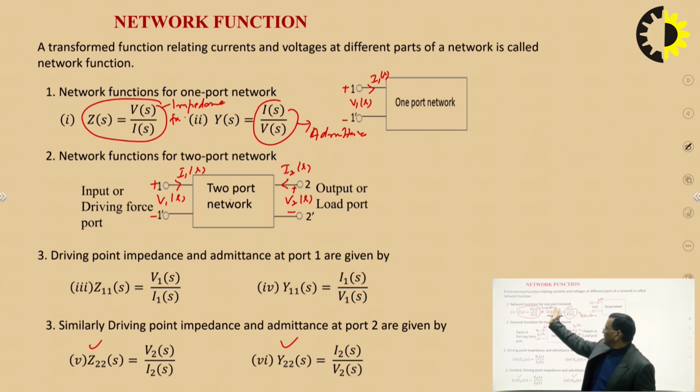Immittance means either impedance or admittance. So there are four types of driving point immittance function for a two port network. So how many are there in total? There are 6: 2 for the one port network and 4 for the two port network.